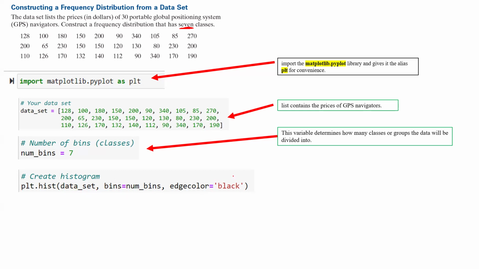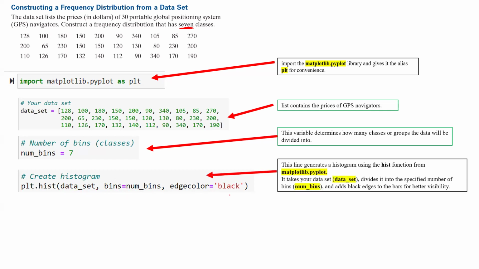And let us use a color for edge, black. You can change this color if you want to. This line generates a histogram using the histogram function, or for short, we write it as just hist.